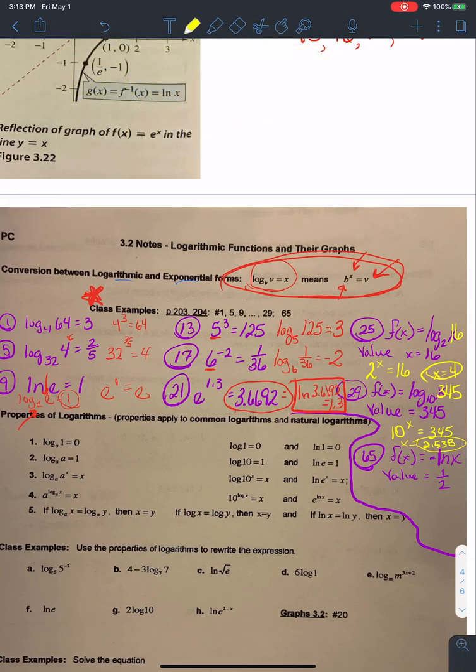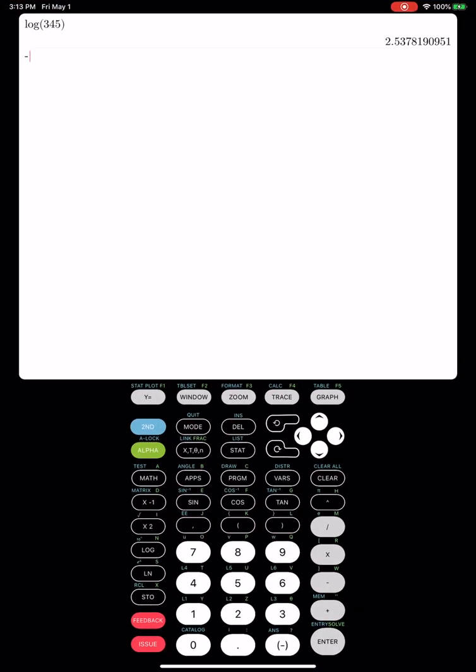So that is going to look like a negative ln of 1/2, and I'm just going to type that in my calculator. I'm going to do a negative ln, and then put 1/2 inside the parenthesis. And I should be getting this decimal, 0.693.